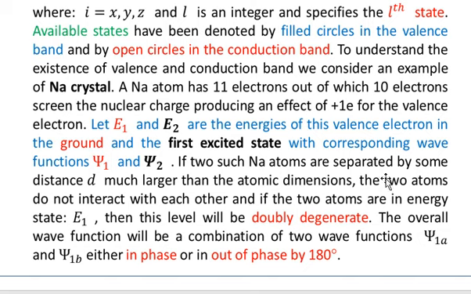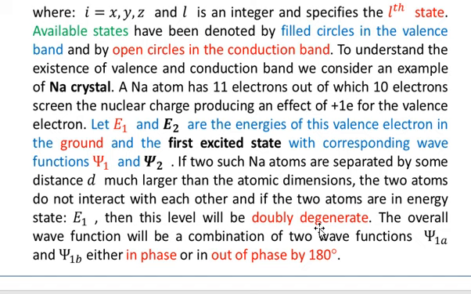If two such sodium atoms are separated by a distance d much larger than the atomic dimensions, the two atoms do not interact with each other. And if the two atoms are in energy state E1, then this level will be doubly degenerate. So you see that here I have said that you have two sodium atoms. The sodium atoms are well separated from each other so that they do not interact with each other.